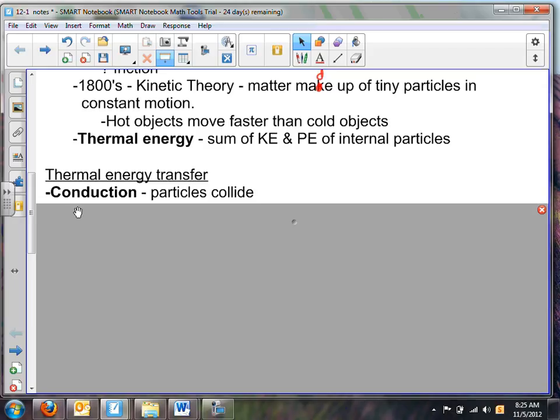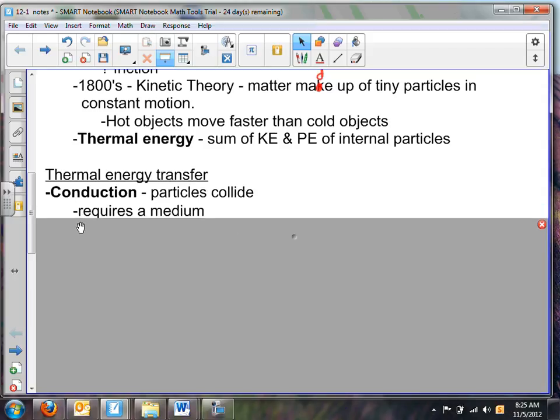So one particle runs into the next particle, it runs into the next particle, and the next, and the heat just keeps moving from one end of the pole to the other end of the pole, or metal bar, or any object. So conduction requires a medium for this energy to transfer.